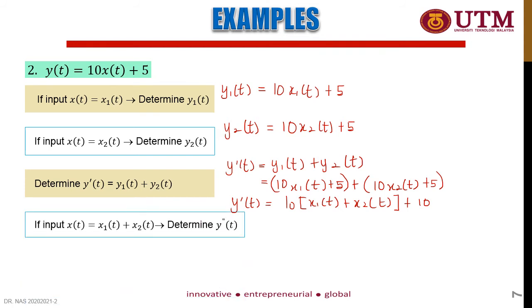Next, you need to determine y double prime(t), in which x is now equivalent to x1 plus x2. So y double prime(t) equals 10 times your x, which is now x1 plus x2, at t, plus 5.